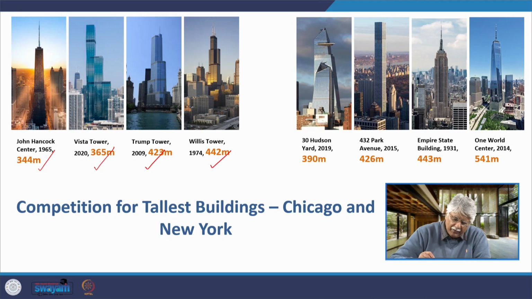And in New York we have 30 Hudson Yards at 390. We've got 432 Park Avenue, which is a residential building, a pencil thin residential skyscraper. Hopefully we'll talk about it. 426 meters. Empire State at 443, and the One World Trade Center at 541 meters. So there's a competition between these two skyscraper cities within America.